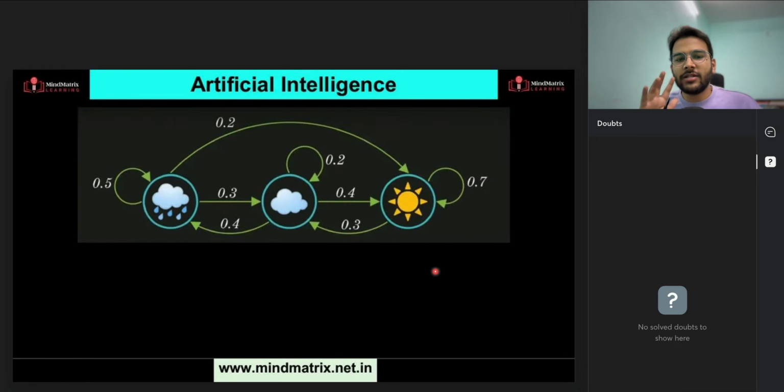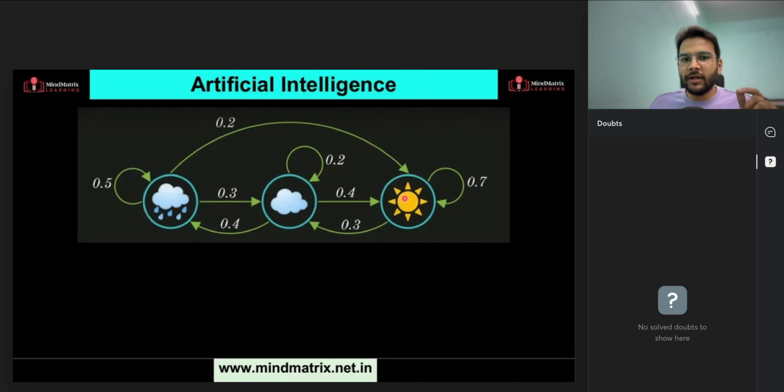Now there are transition probabilities given to you. For example, let me explain this Markov chain here. Carefully understand this: it simply says that if it is raining today, there is 0.5, or 50% chance, or half probability, that it will rain tomorrow also. If it is cloudy, there is 0.2 probability that it will be cloudy tomorrow also.